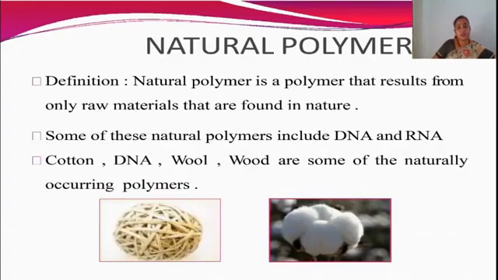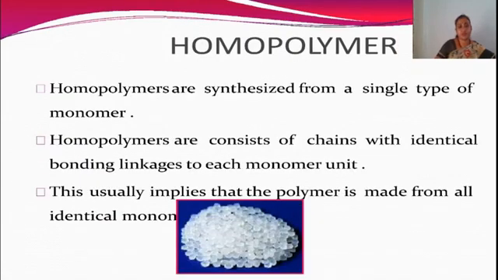Natural polymers, by the name, a natural polymer is a polymer that results from only raw materials that are found in nature. Some of these natural polymers include DNA, deoxyribonucleic acid, and RNA, ribonucleic acid. Examples of the naturally occurring polymers are cotton, DNA, wool, wood.